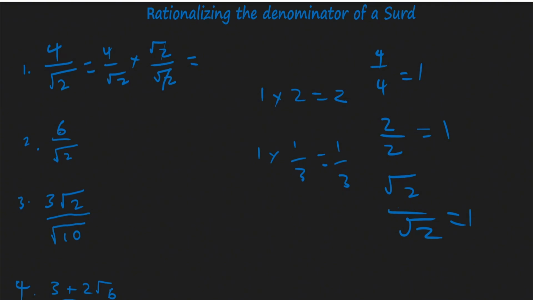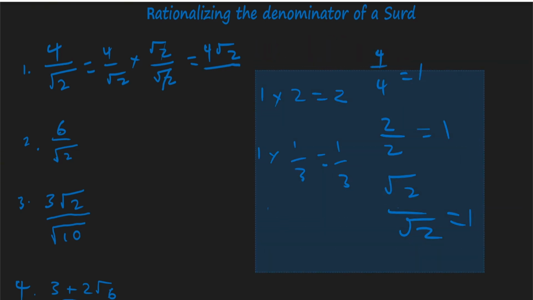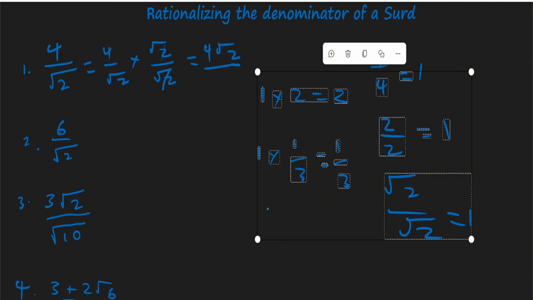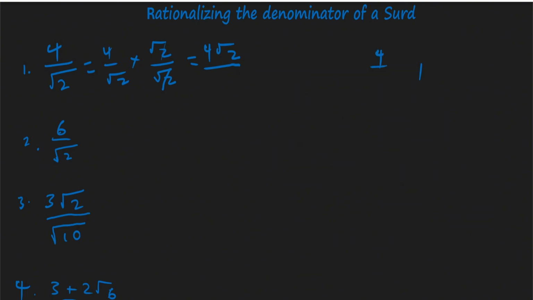We know from the previous lesson that 4 times root 2 will give us 4 root 2 over root 2 multiplied by root 2.